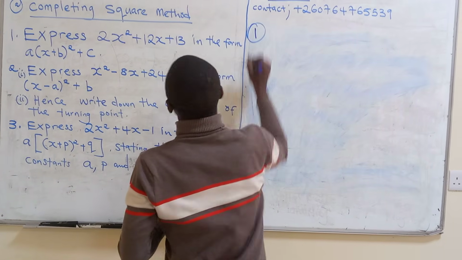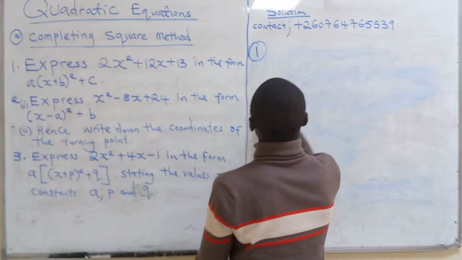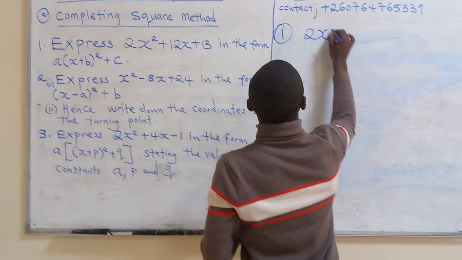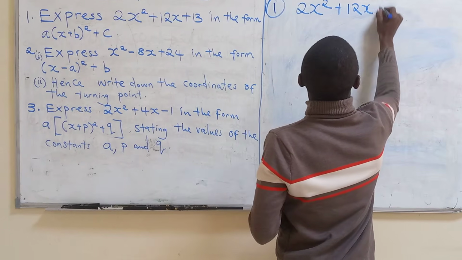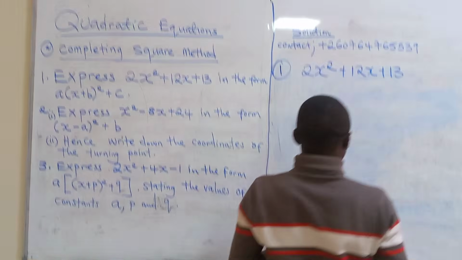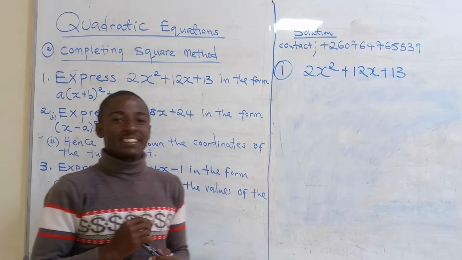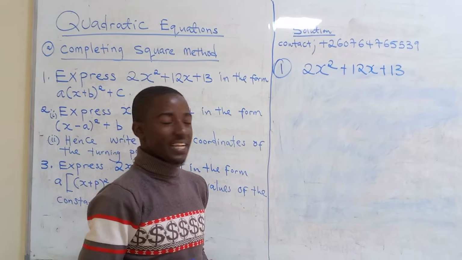So first question, we have been given the equation to be 2x squared plus 12x plus 13. The first step is that you factorize.